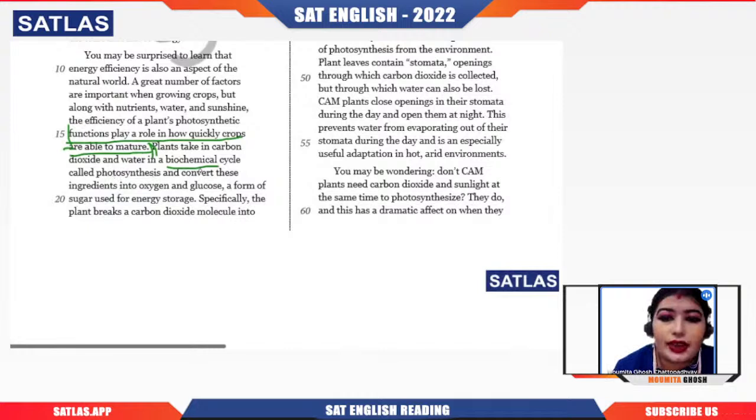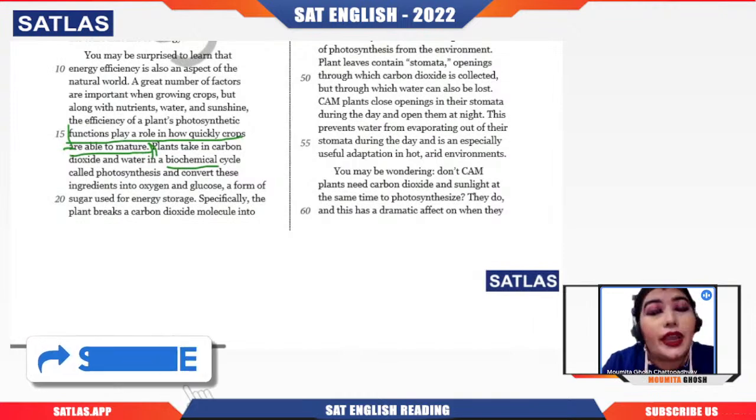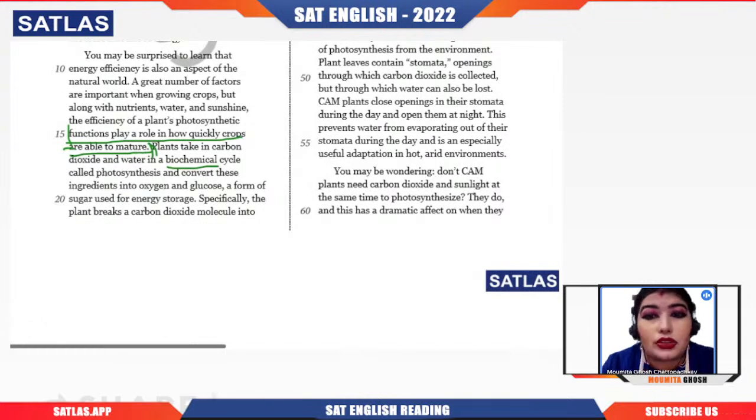Photosynthesis converts these ingredients into oxygen and glucose. Glucose means a form of sugar used for energy storage. It is not the glucose that is available in the market; it is a type of energy which is stored or processed during the photosynthesis process.